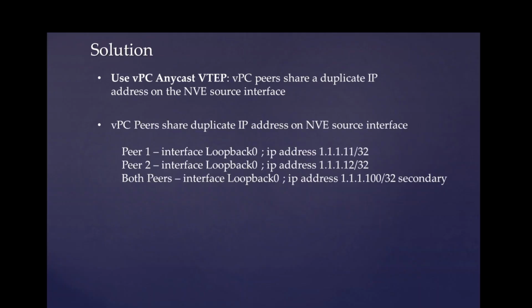More specifically, this is a secondary IP that we configure on loopback 0 in our example, which is also the NVE source interface. So the VPC peers will share this duplicate IP address on the NVE source interface, which is loopback 0 in our topology.